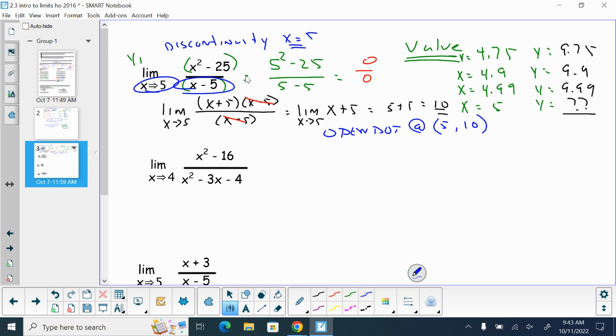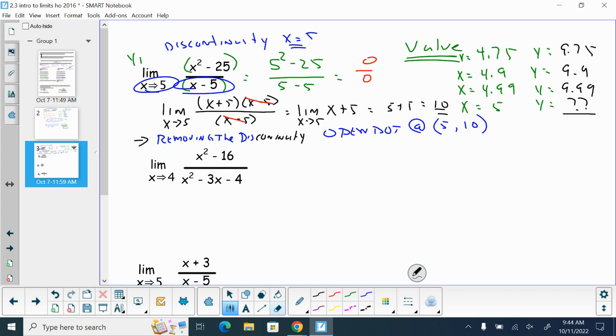The process that we just did here is called removing the discontinuity. If I could spell. We removed the discontinuity.